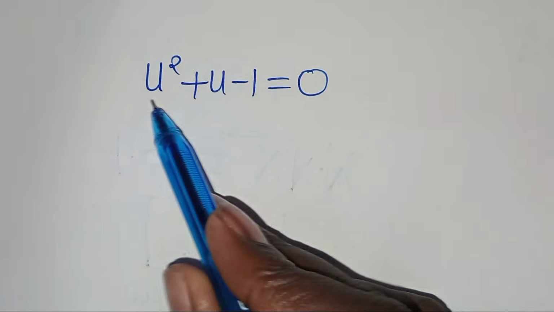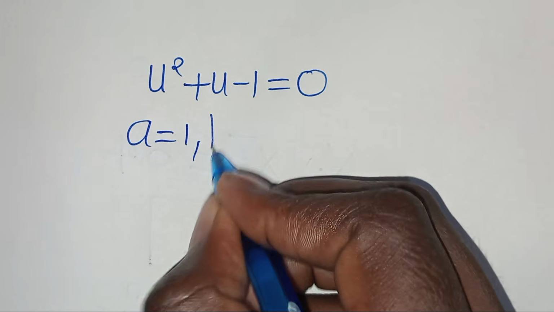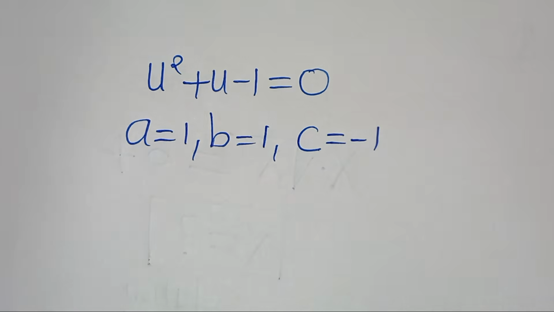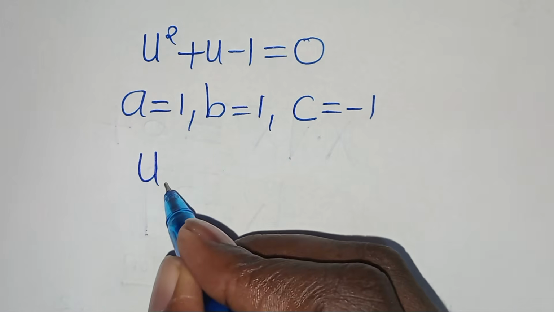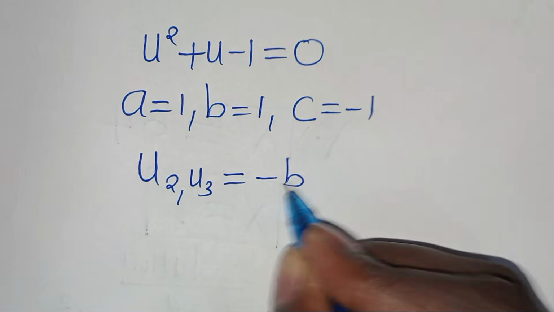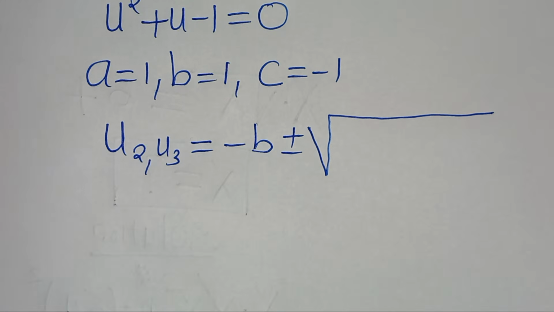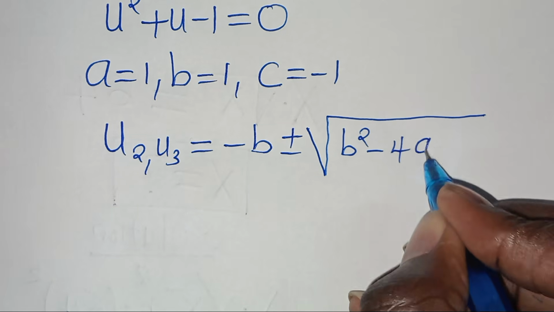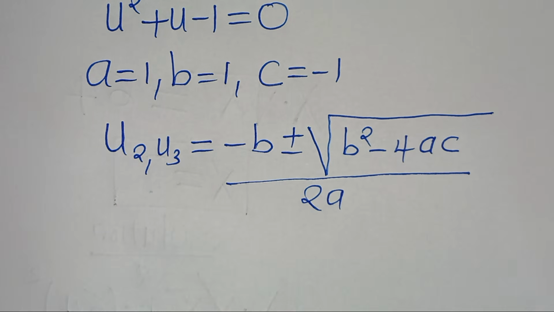Now we have a quadratic equation here where we have a is equal to 1, b is equal to 1, and c, this is equal to negative 1. We can solve for values of u, that is u2, u3, by applying the quadratic formula, which is minus b plus or minus the square root of b squared, subtract 4 times ac, divided by 2 times a.